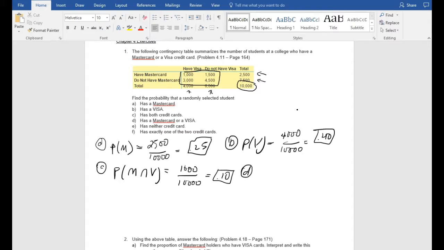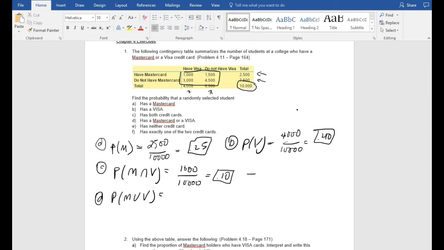And then has a MasterCard or a Visa card. That would be the probability of M or V. Sorry about my writing here, it is hard to write on this tablet. We'll go back to our formula, the addition rule. We know that these are not mutually exclusive events because they overlap, and we know they overlap because there's an intersection.